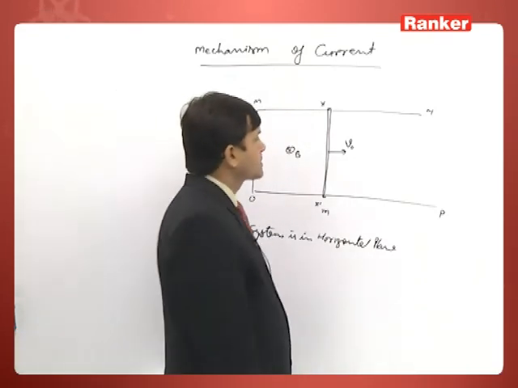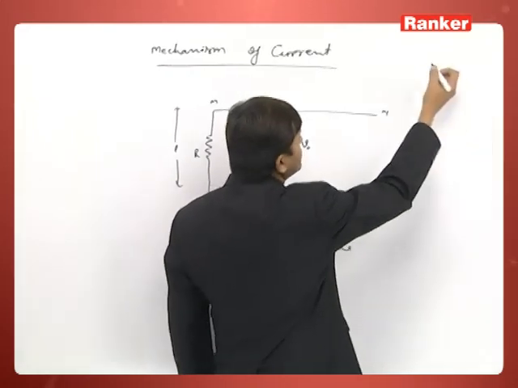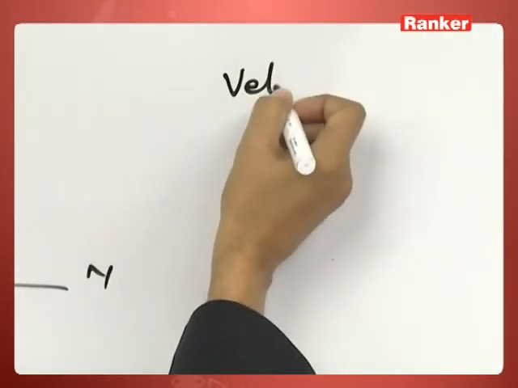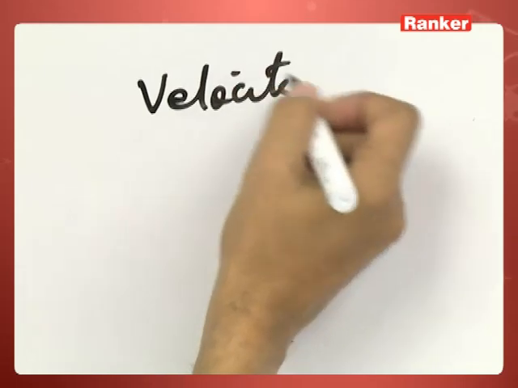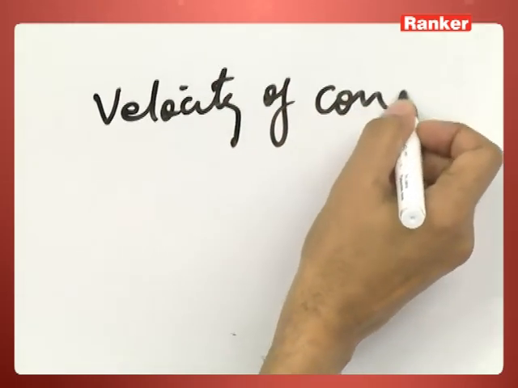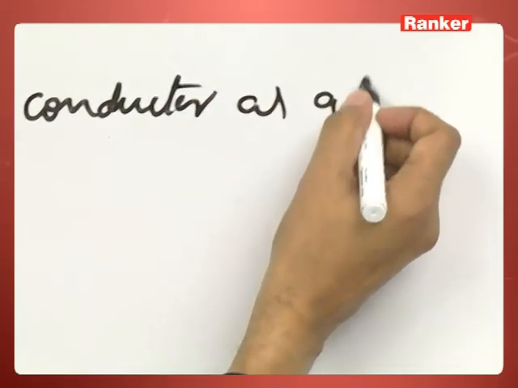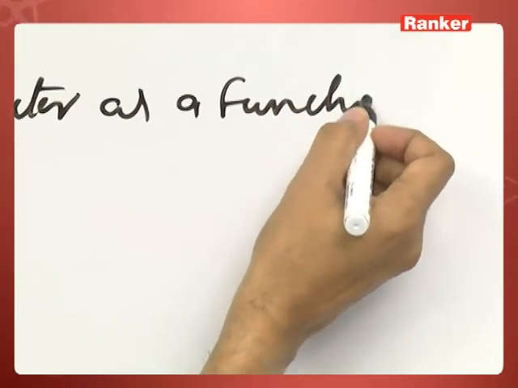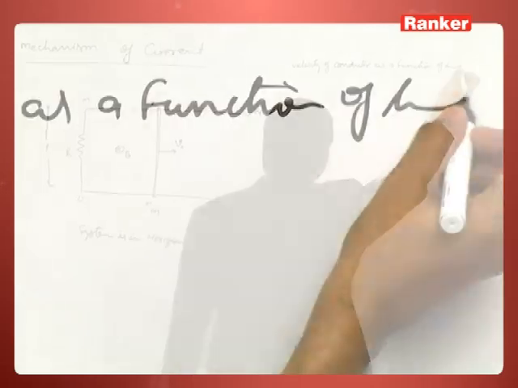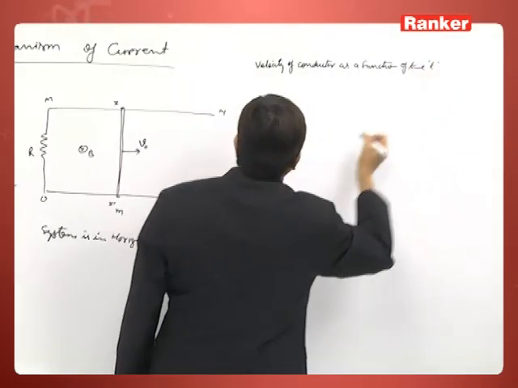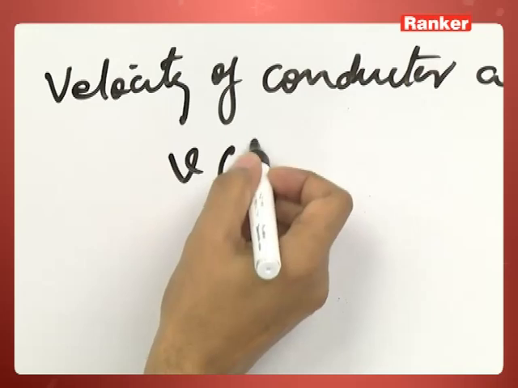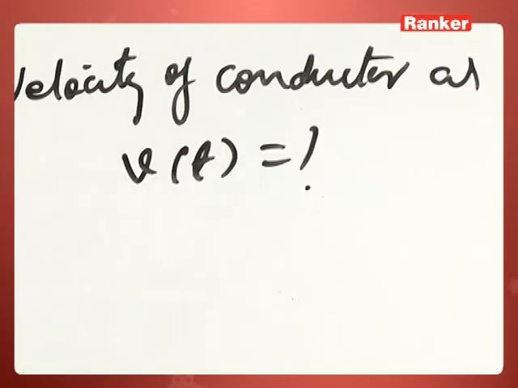So we are going to find the velocity of the conductor as a function of time t, that is, the value of V(t).